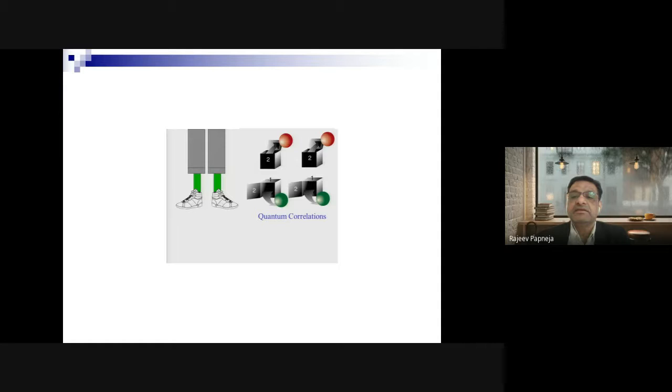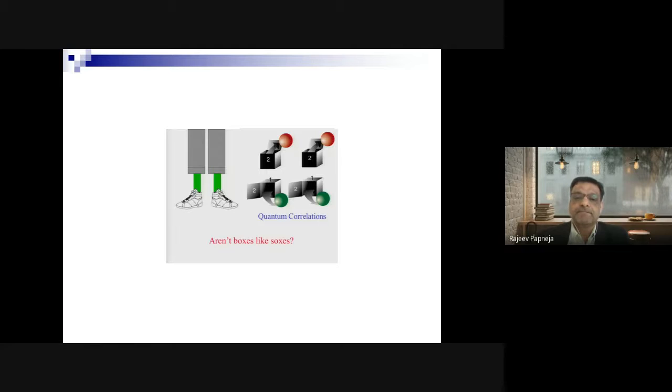And on the other hand, if I want to know what my friend will find when he opens door number 2 on Mars, I just have to open door number 2 on Earth, and I find out what he'll see. So you might think that these boxes are just like socks, and there's nothing new here.